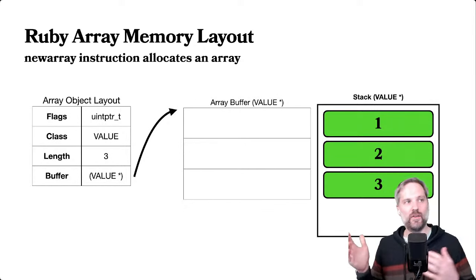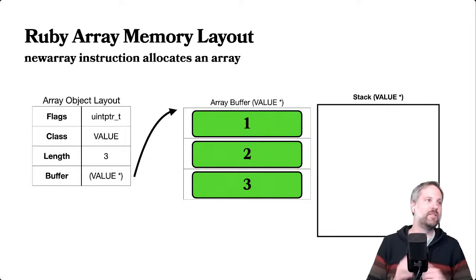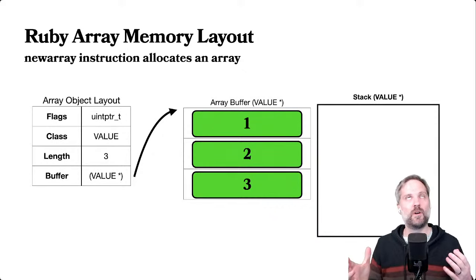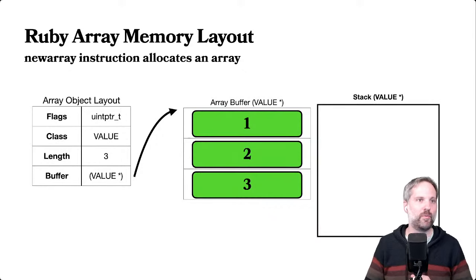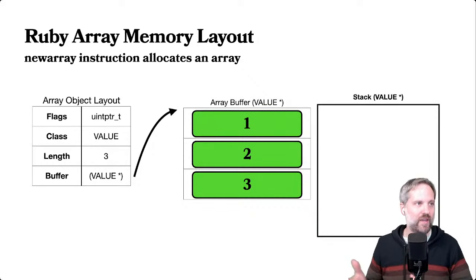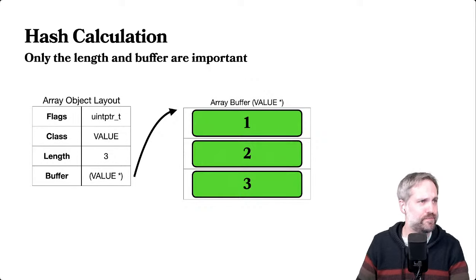Basically all it does is take the values from the VM stack and copy them into that array buffer. Now, it's a little more complicated than this. I'm trying to simplify it a little because there are different types of array layouts, but these are the basic operations. So it copies all that stuff out.